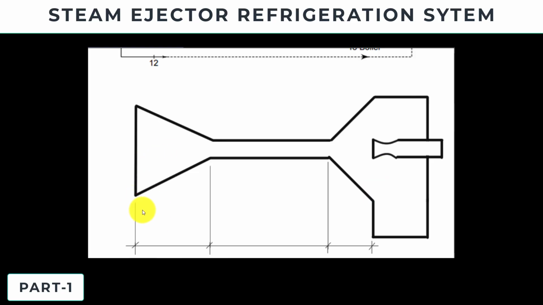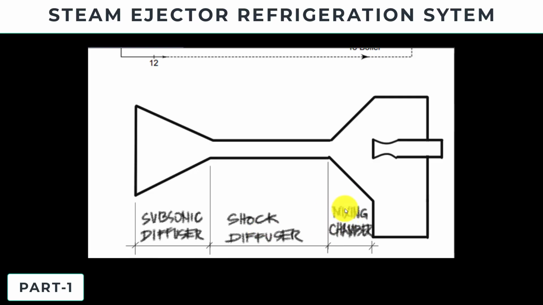This is what we call the subsonic diffuser, the shock diffuser, and the mixing chamber, where the vapor coming from your flash chiller is, and we have the nozzle where the steam, or the motive fluid, is entering.